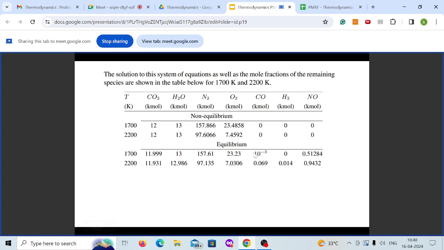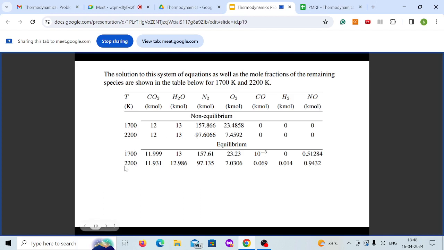So in this example, when you solve this, you will have the corresponding mole fractions as CO2 is 11.99 and H2 is 13 and the same amount of nitrogen, and oxygen is 23.23. CO, if you see, is 10 power minus 3 and nitrogen oxide is forming as 0.51284.